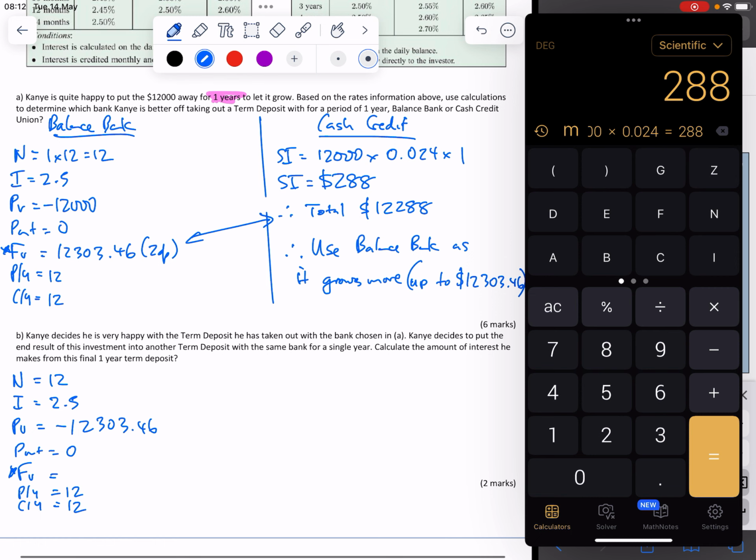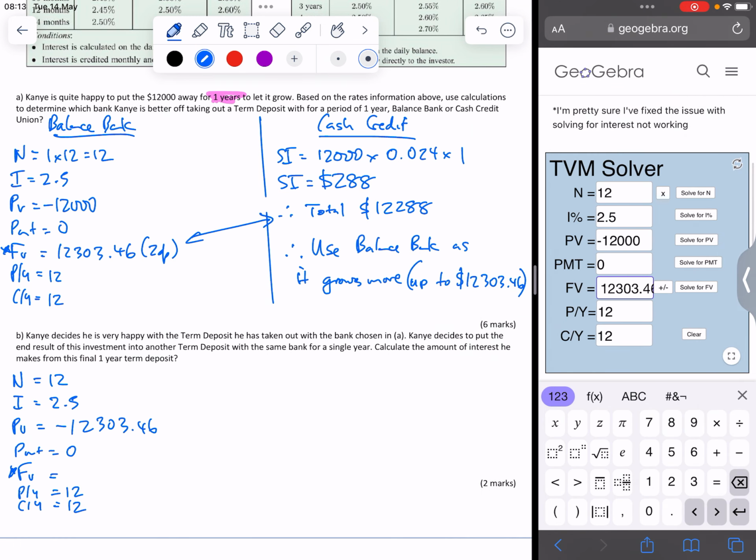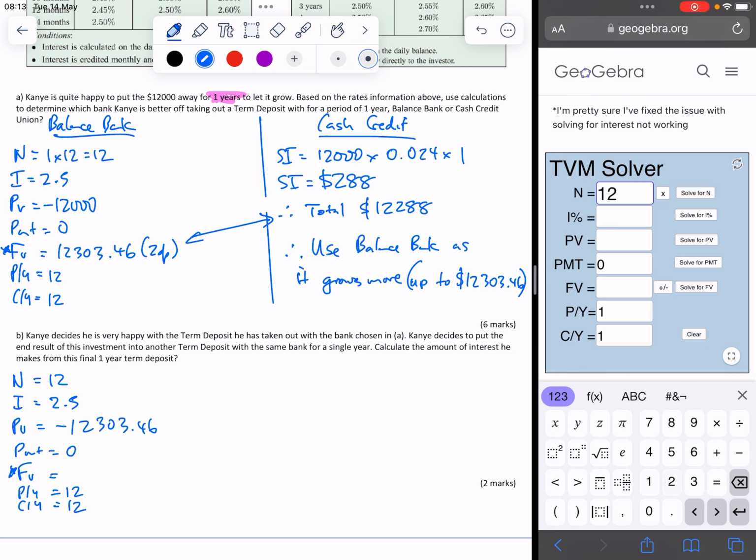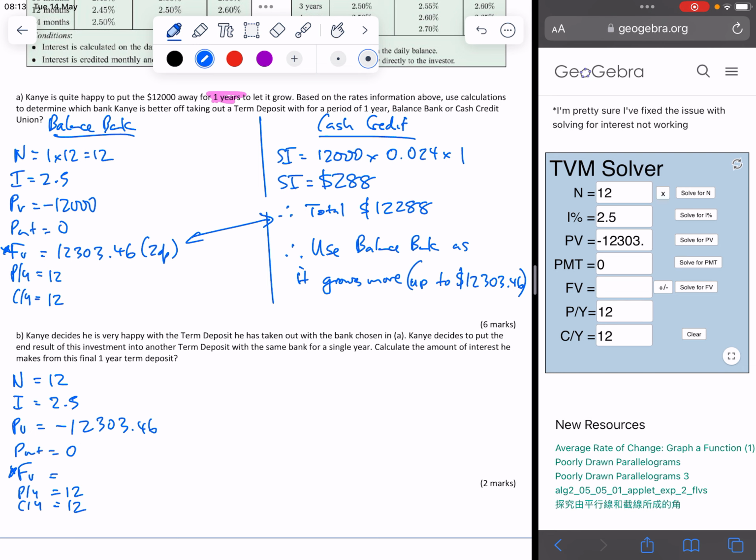This calculator's acting weird. 12, 2.5, negative 12,303.46. No payments. This is 12. Solve for FV, so that gives me 12,614.6.